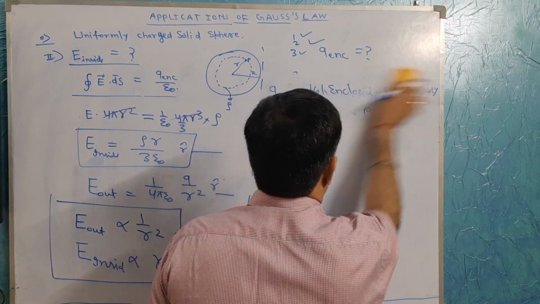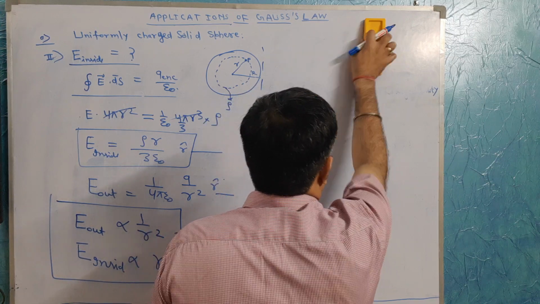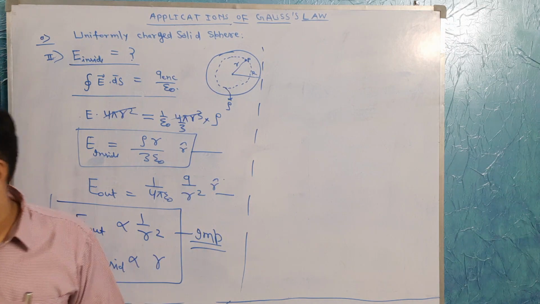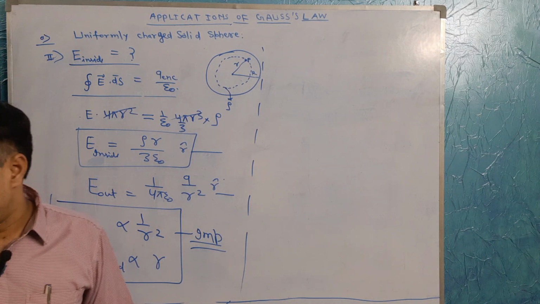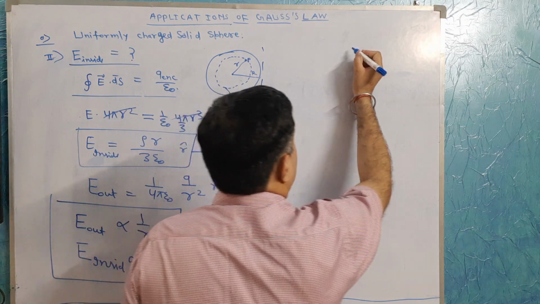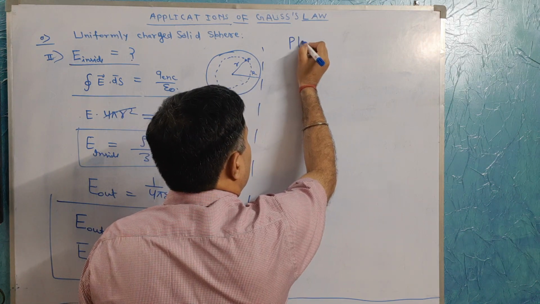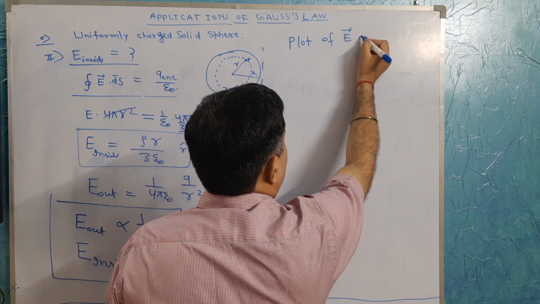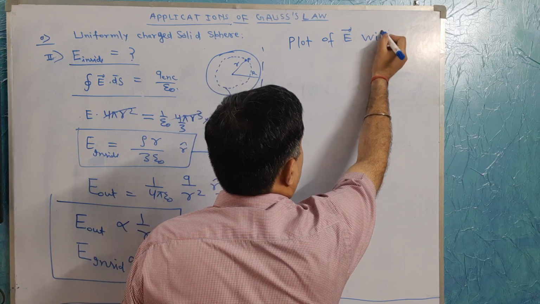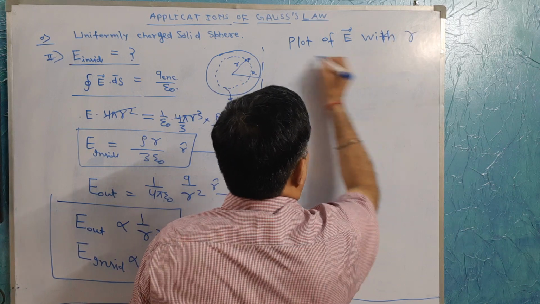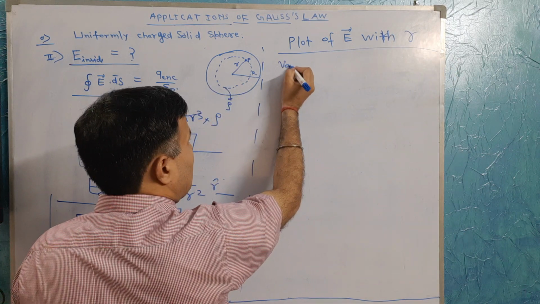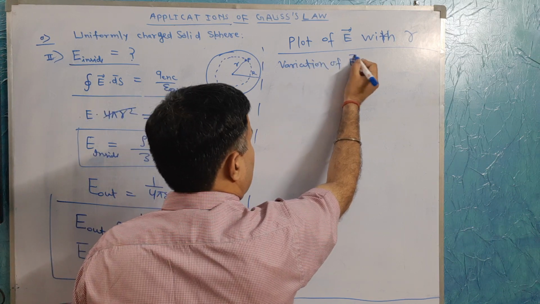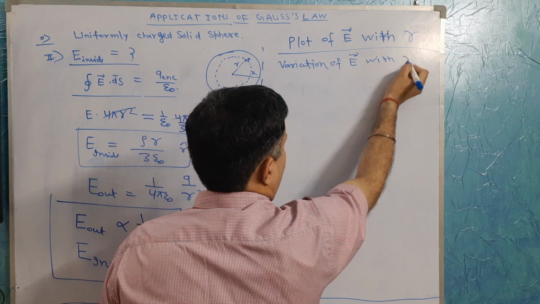For a sphere, we have two different profiles of electric field. Outside we have one profile, and inside we have a different profile. So let me draw the sphere, and plot the variation of E with r.